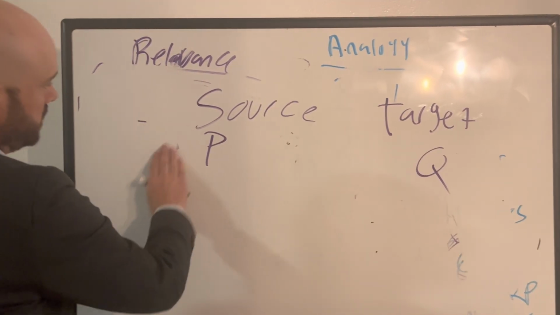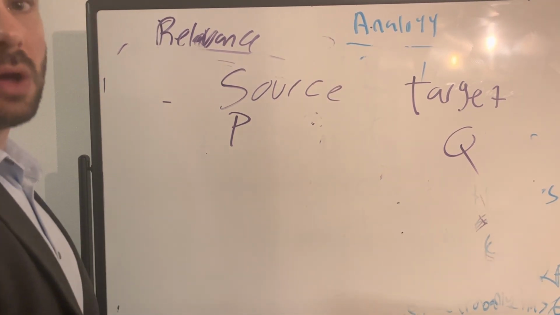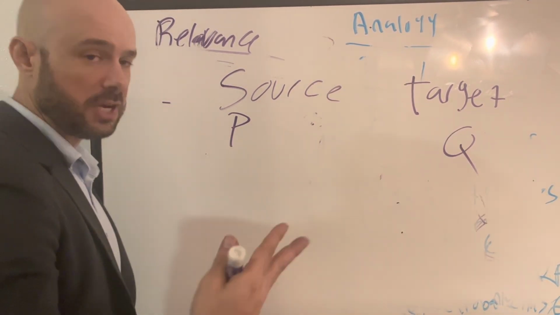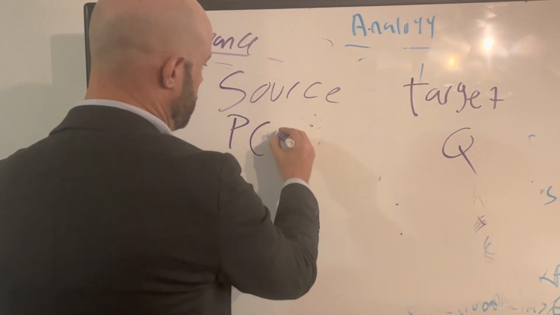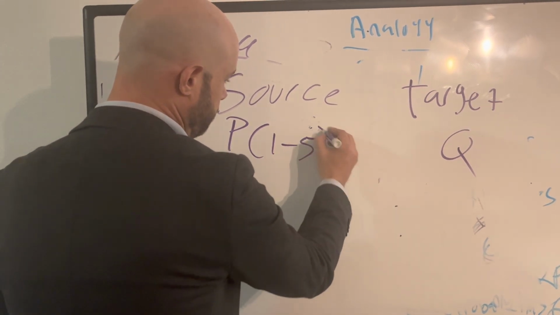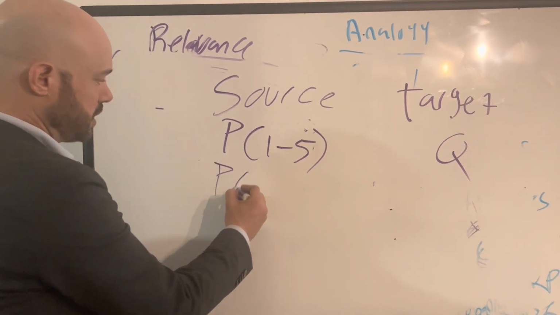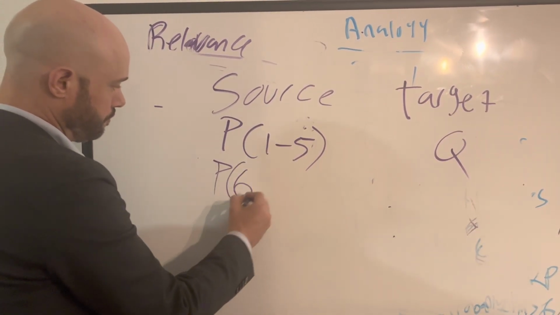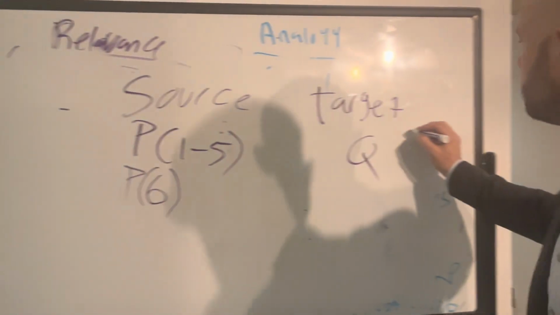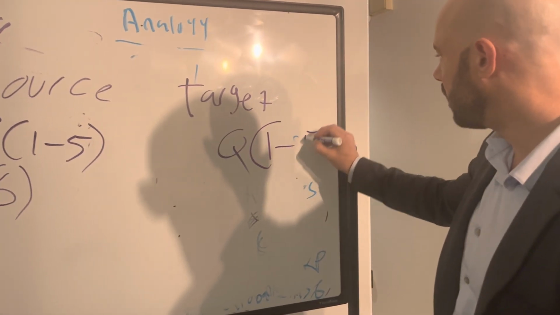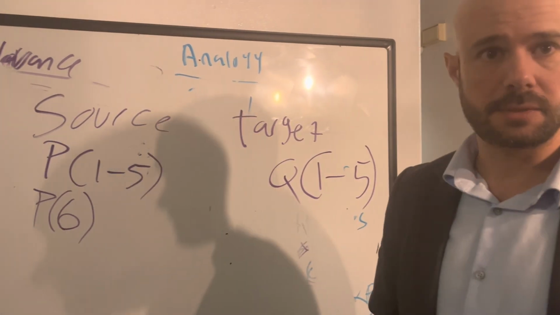The source is the thing that you have the information about. You know that the source has attributes 1 through 5. You also know that the source has attribute 6. The target, in addition, you know has attributes 1 through 5. However, you don't know whether or not it has 6.